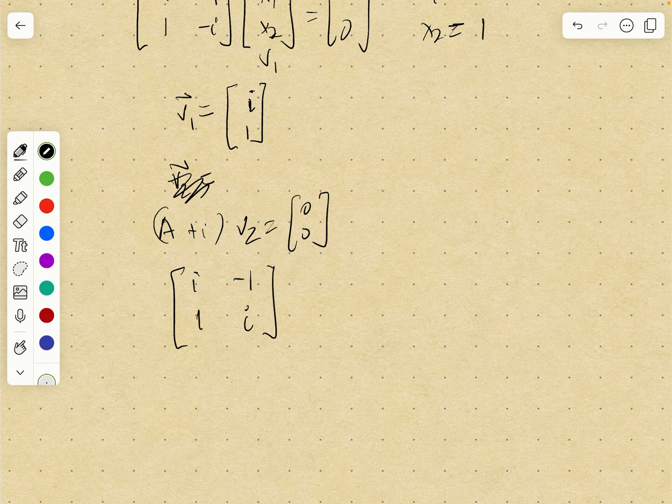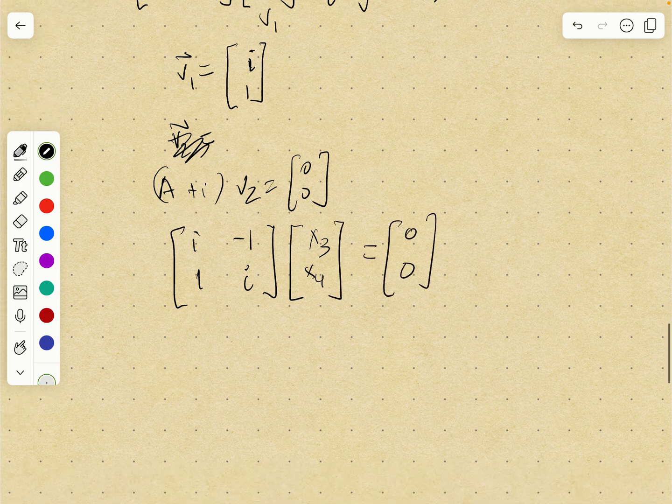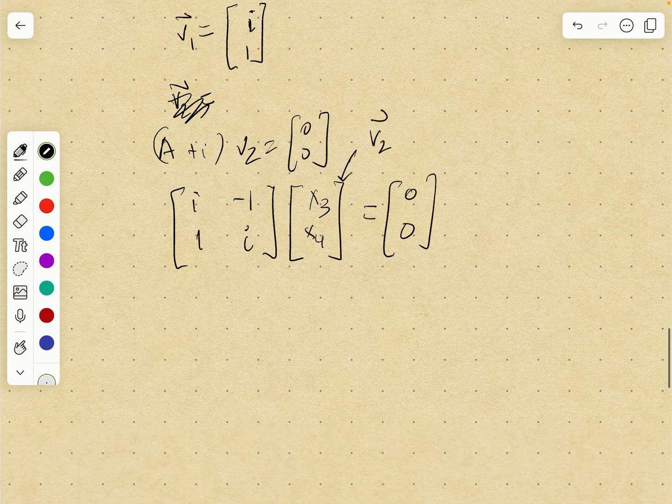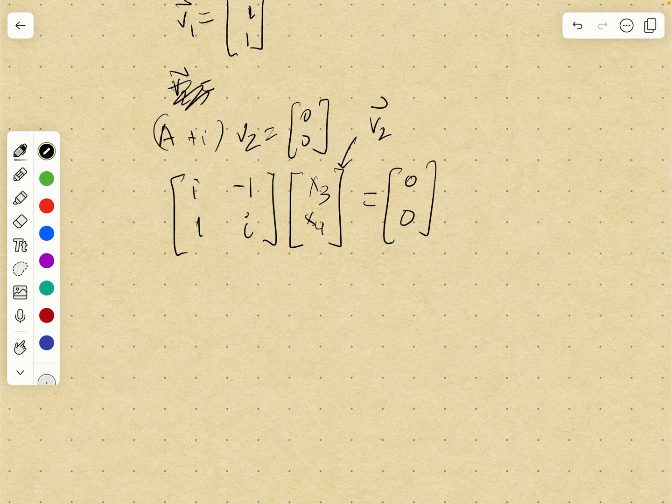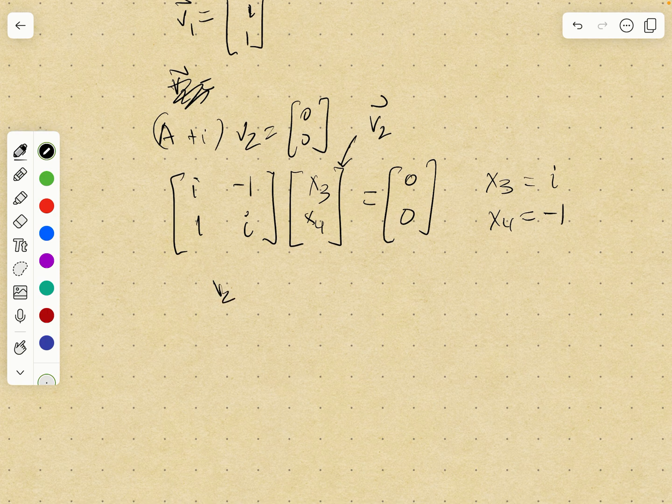So that times V2, let's call those components x3, x4, is 0, 0. And then we can get x3 is equal to i, x4 is equal to negative 1. Yes, and so our V2 is going to be i, negative 1.